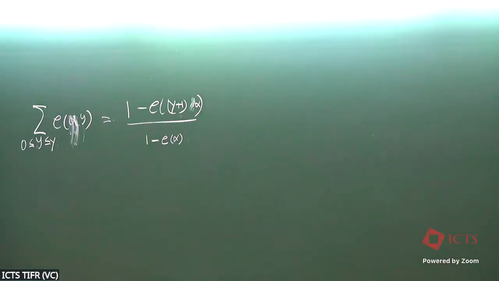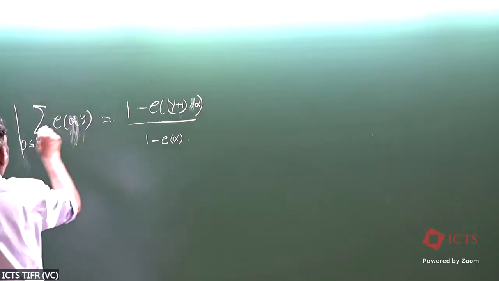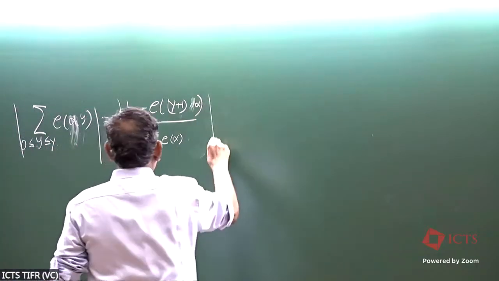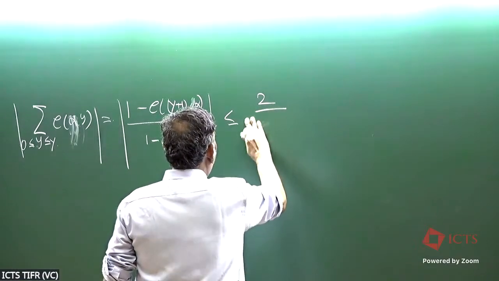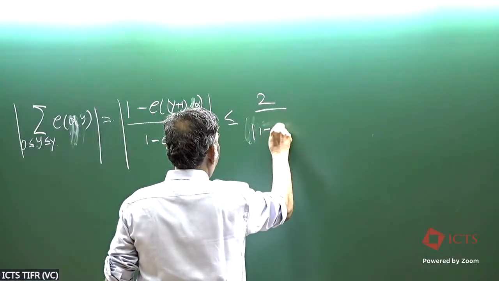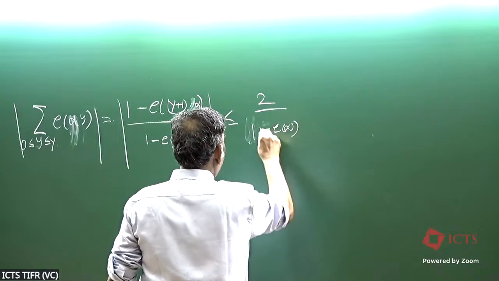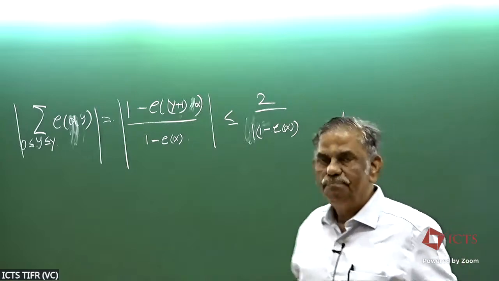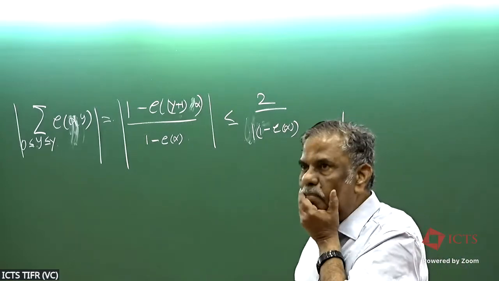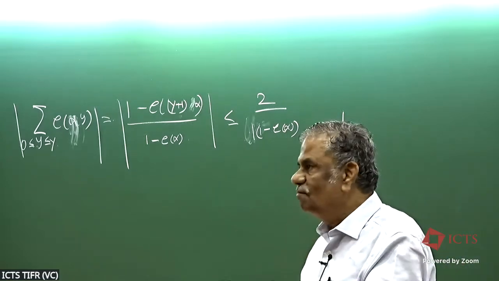Therefore, this is what I have, and I want to estimate it. And therefore, the estimate is less than or equal to 2 over modulus of 1 minus e alpha. I put this line here for some funny reason. Okay? And this is what I have to estimate.